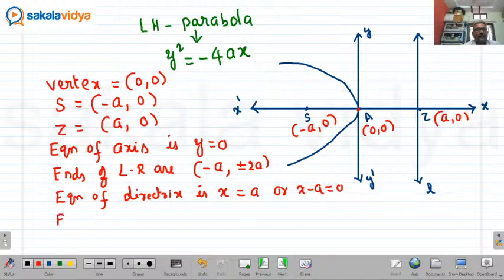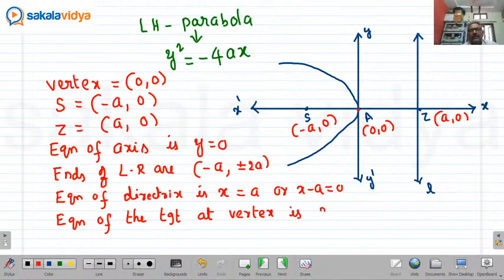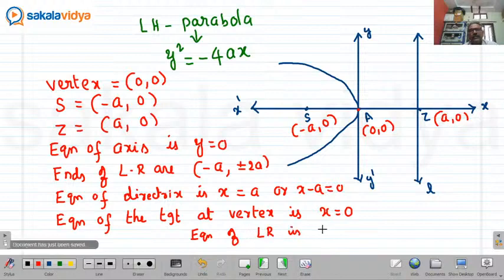Next, equation of the tangent at vertex is y-axis, x is equal to 0. Next, equation of latus rectum. Equation of LR is here x equals to minus a.